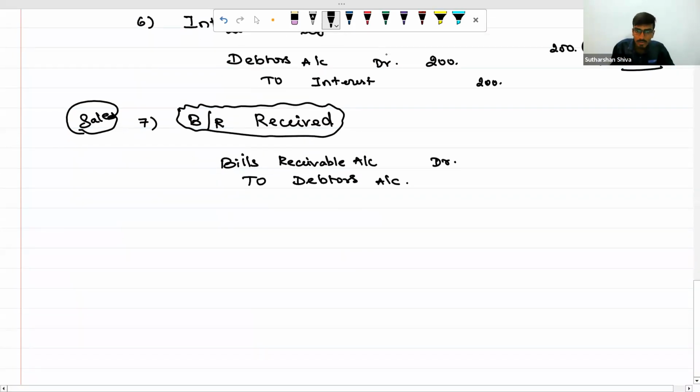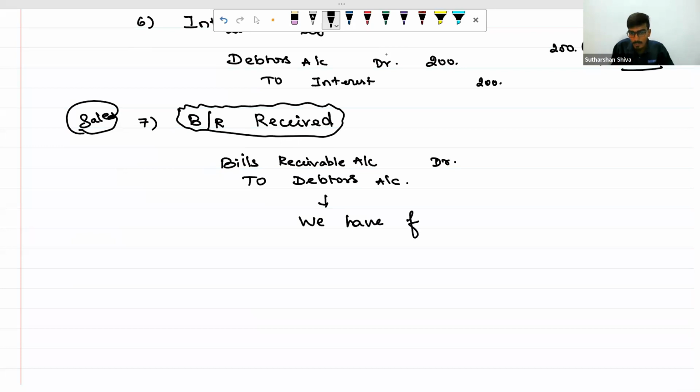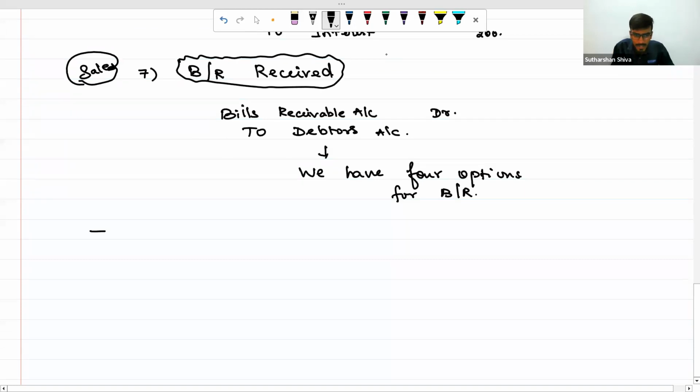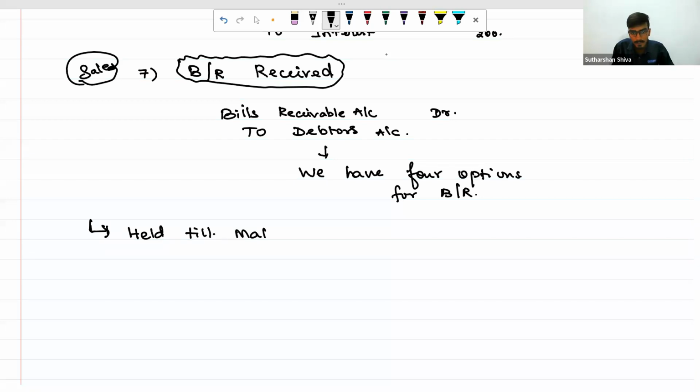So now we have 4 options for bills receivable. Suppose the first one is held till maturity.